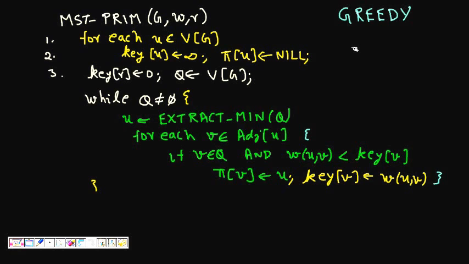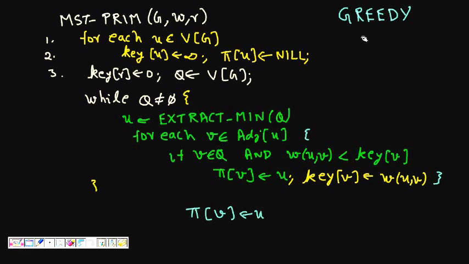In the end it gives you a set of edges, and a relation pi, where pi of v is u, meaning that the parent of node v is u. And key of u tells what is the value stored in that node, which helps in finding the minimum spanning tree.